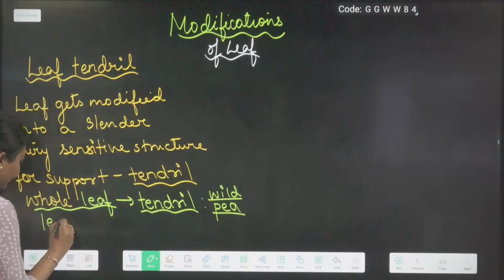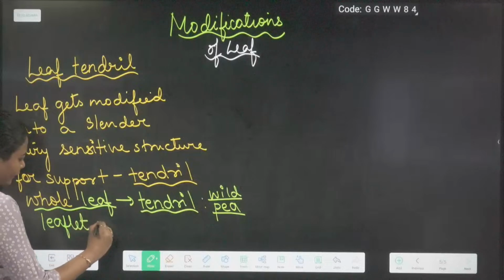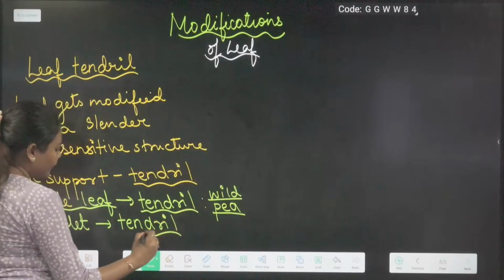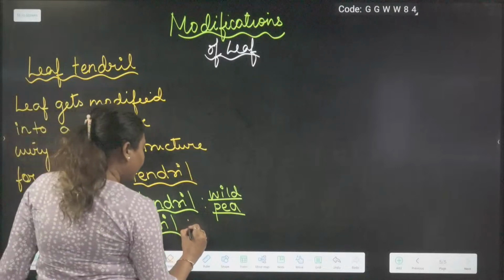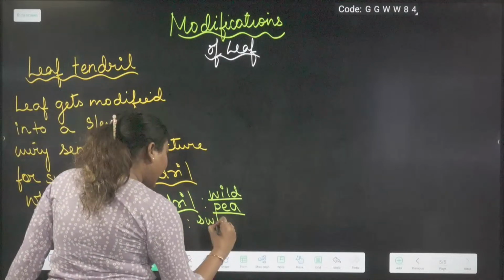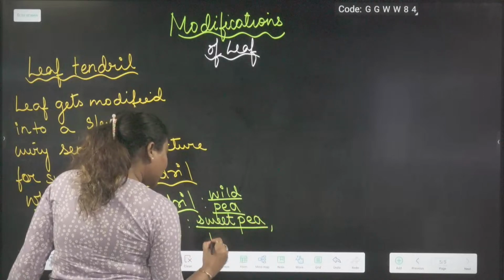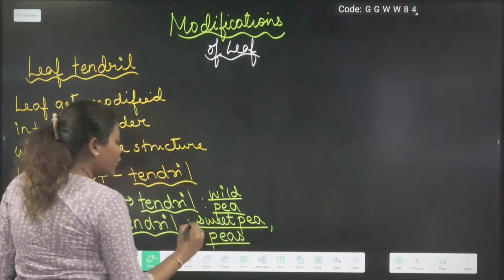Next, if a leaflet gets modified into a tendril, the example is your sweet pea and normal peas.